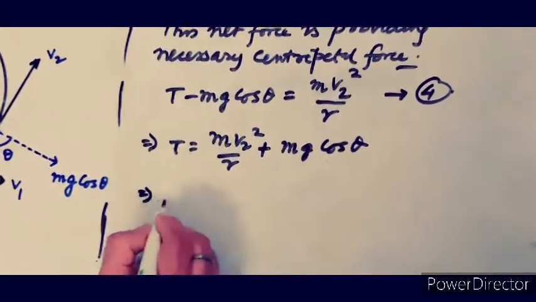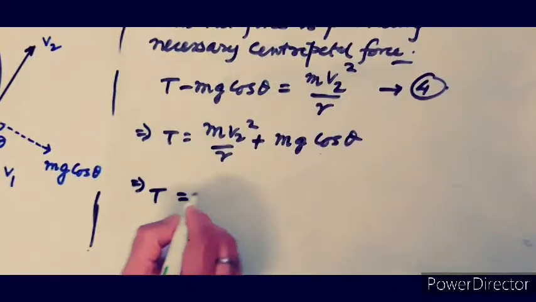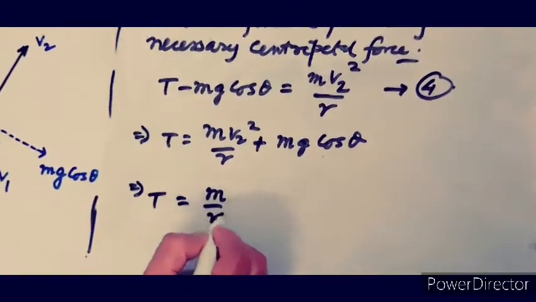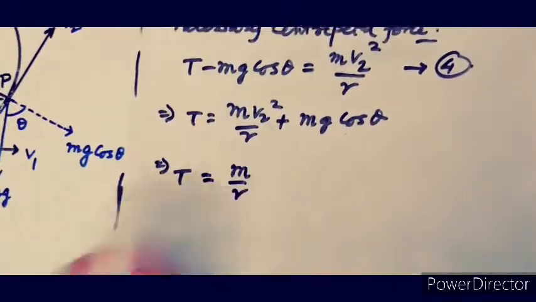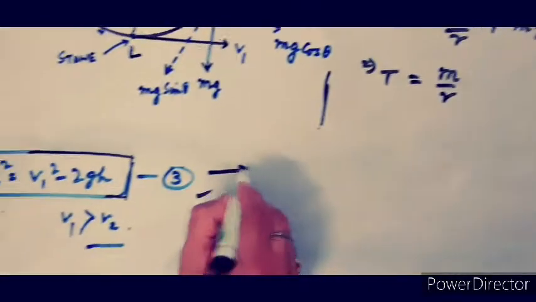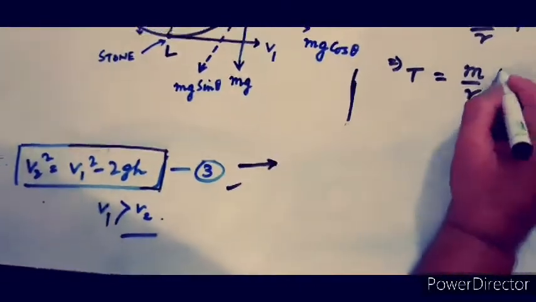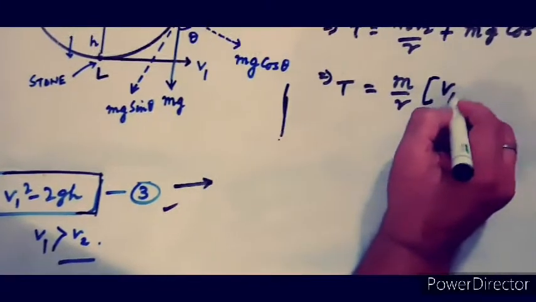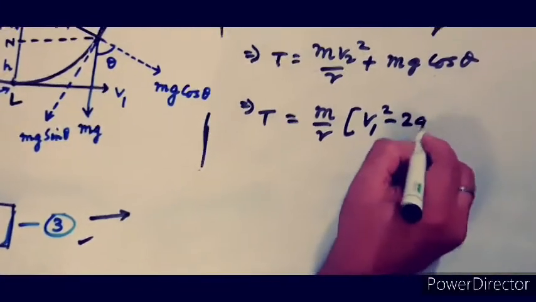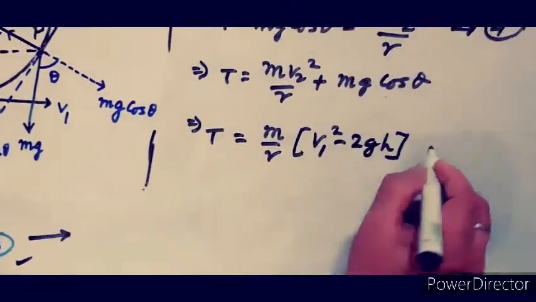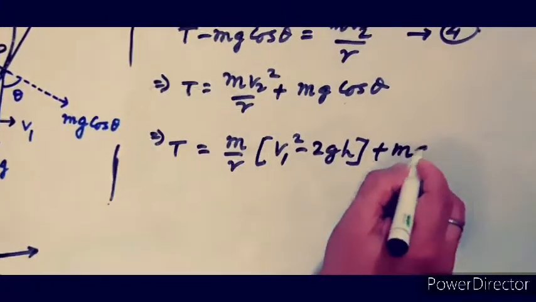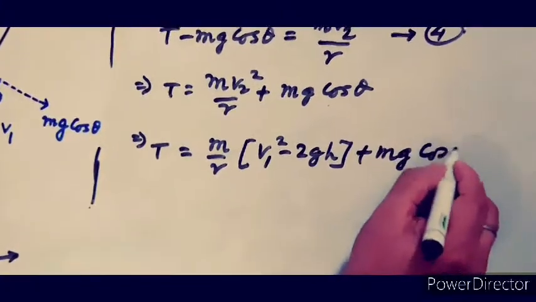Or T is equal to m by r. Now put the value of v2 from equation 3. So, v1 square minus 2gh, plus mg cos theta.